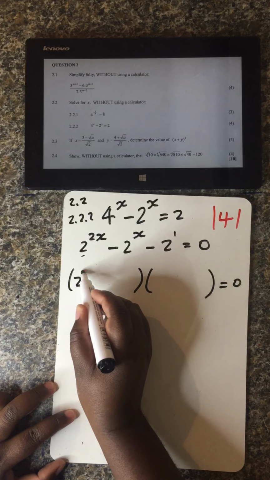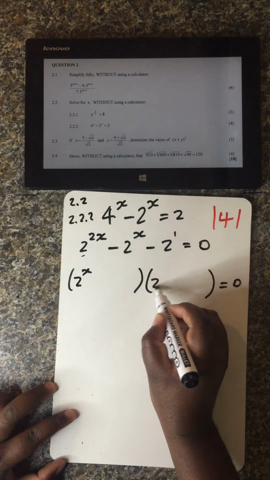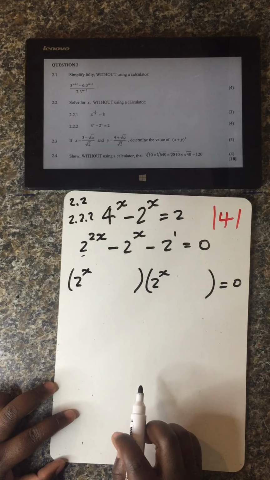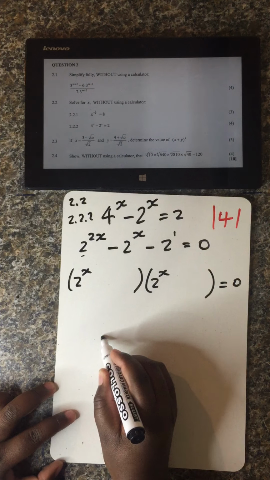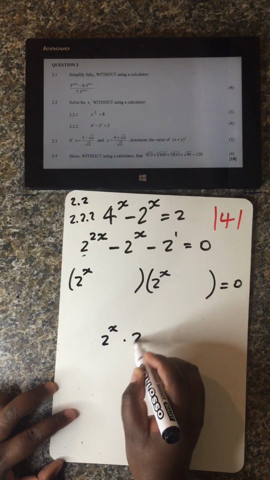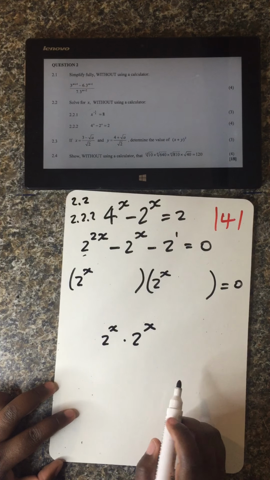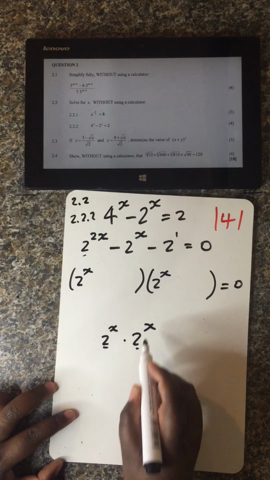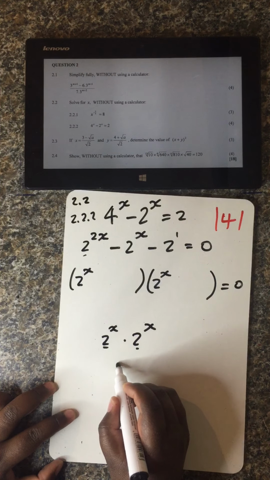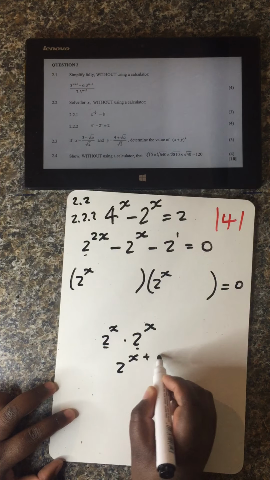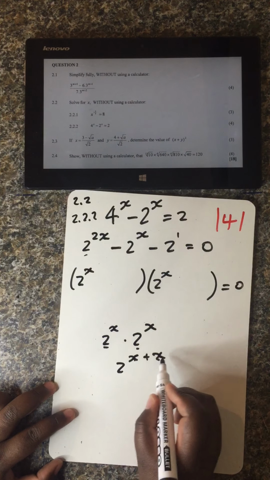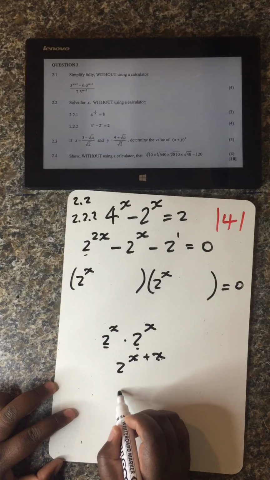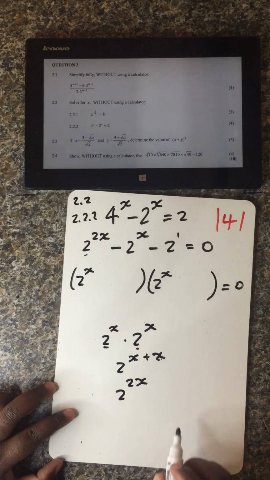What if we have 2 to the exponent x by 2 to the exponent x? When you multiply these two, you're going to have 2 to the x times 2 to the x. Because the bases are the same, that means you add the exponents. So you've got x plus x, which is equal to 2x. So that means you have 2 to the exponent 2x.